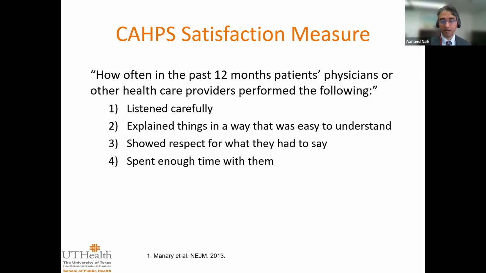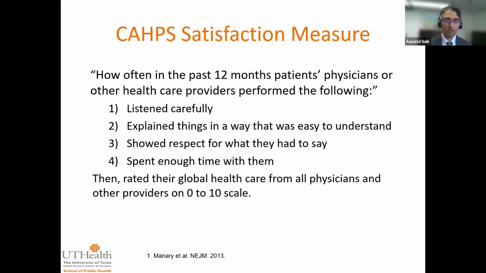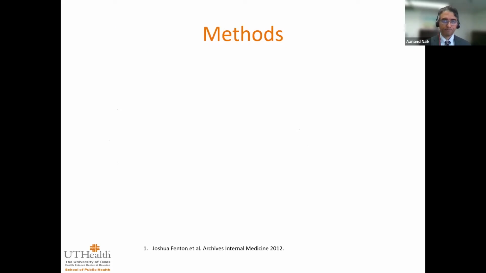Did your provider listen carefully, explain things in a way that was easy to understand, show respect for what you had to say, spend enough time with you? Those are 4 measures. And the 5th measure was just a global measure of satisfaction. But it was asked in the sense of how often in the past 12 months did you feel like your provider did these things? And then we rated the global one from 0 to 10.